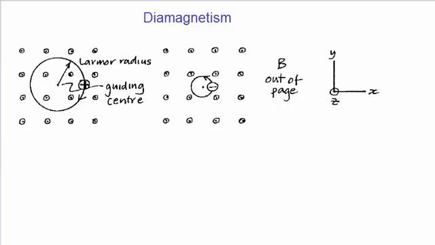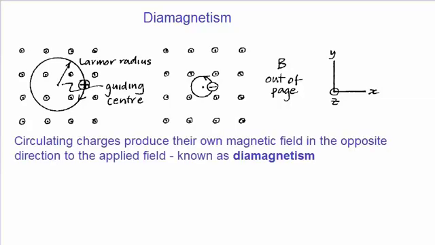That is, both charges have generated a magnetic field of their own because of their circular motion that opposes the direction of the applied magnetic field. You can imagine that this will produce a repulsive force between the circulating charges and the applied magnetic field. This phenomenon of producing an opposing magnetic field is known as diamagnetism.